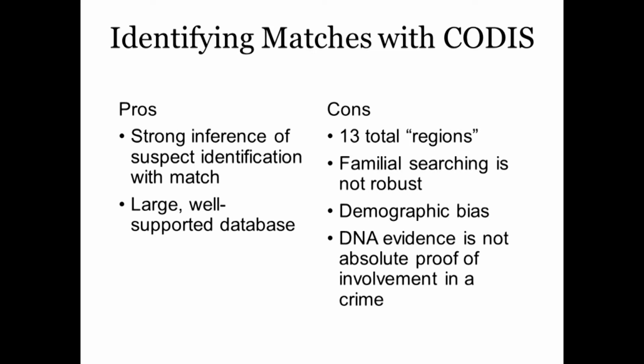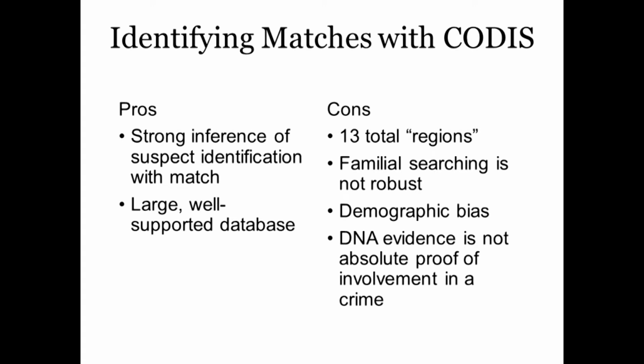Some disadvantages are that there are 13 regions that are sampled. So for example, if the sample is degraded or if for some reason you can't obtain the repeat information at one of the sites, there's a considerable drop-off in the statistical inference that you can make regarding the identity of that individual. Familial searching is not robust.